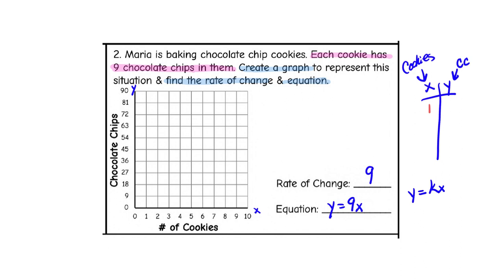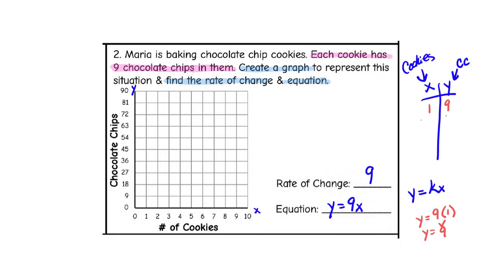Take x value of 1, put it into the equation. So y equals 9 times 1. 9 times 1 is 9. Y equals 9. So when x is 1, y is 9.